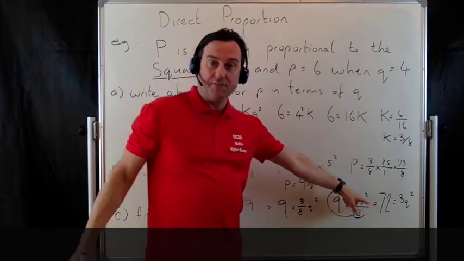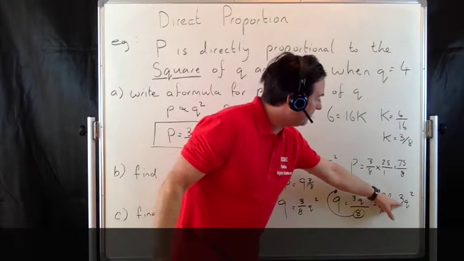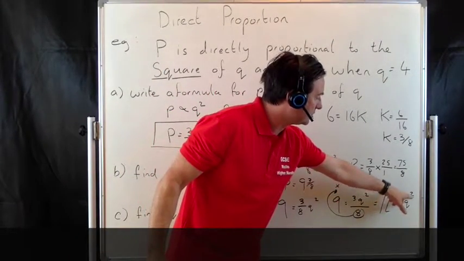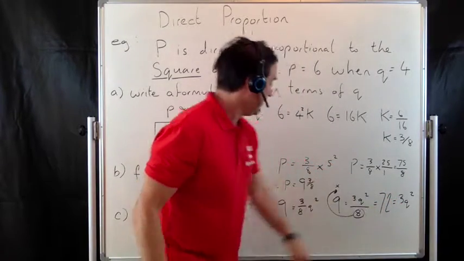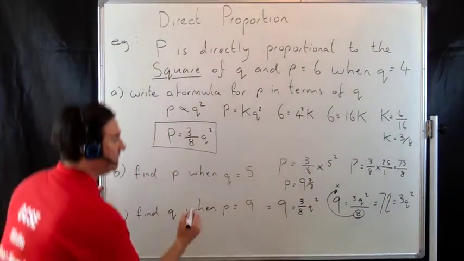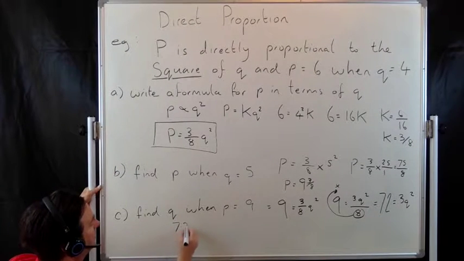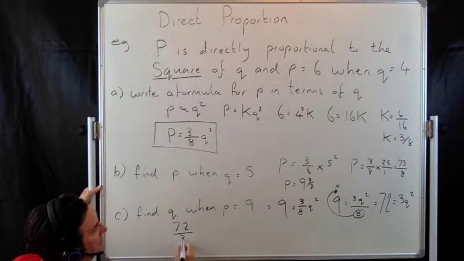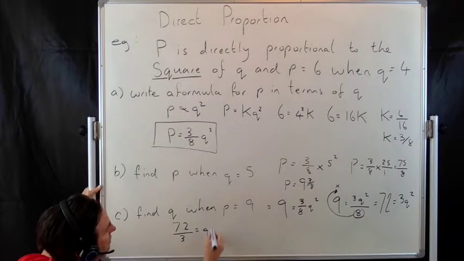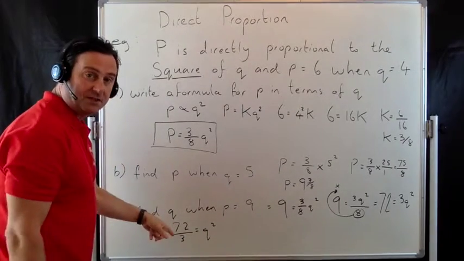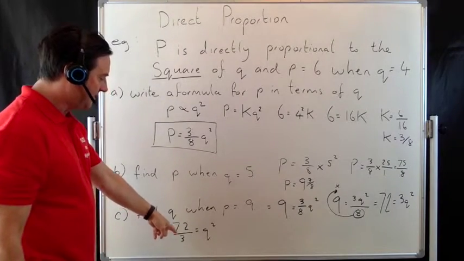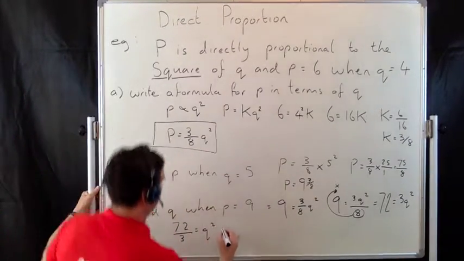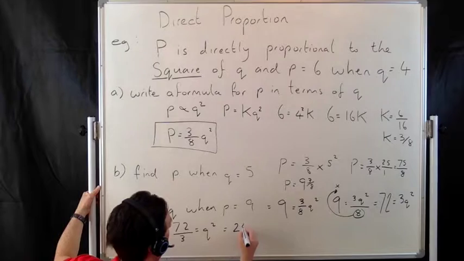And then finally from this stage we can take the 3, we're timesing the Q squared by 3 here, so we'll be dividing on the other side. So 72 divided by 3 is going to equal Q squared. And 72 divided by 3, well 3 into 72 goes 24 times, so we've got 24.